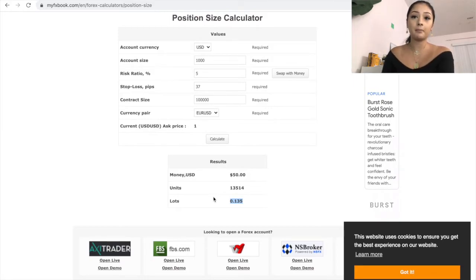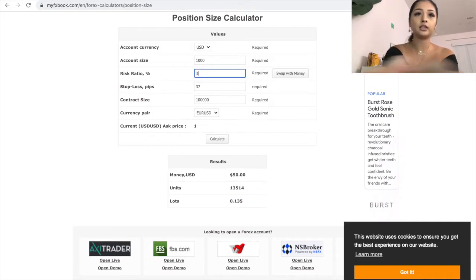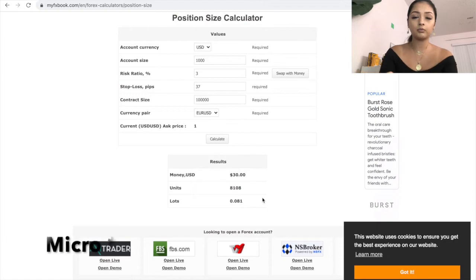So you're actually going to be trading with a mini lot size, and instead of trading $1, it's going to be you trading like $1.30. If I was risking 3%, I'd be risking 30 bucks, okay? That means you would be getting on a lot of 0.8, which is a mini. You're trading 80 cents per point.